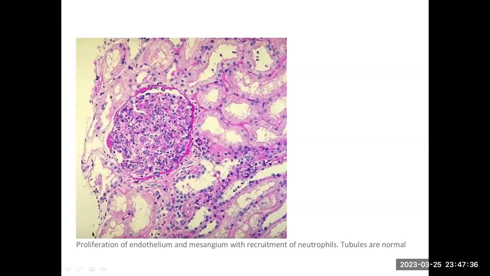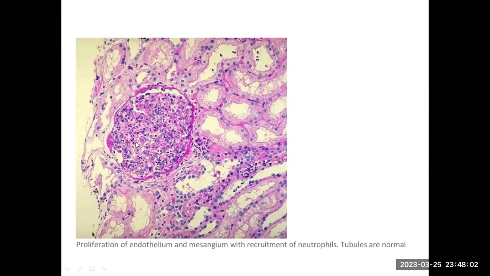As you can see, these eosinophilic dots all over the glomerulus are neutrophils, and along with that, there is also local proliferation of cells. The endothelial cells are proliferating, the mesangial cells are proliferating, and the disease is diffuse. Surrounding the whole area, there is neutrophil infiltration. So this indicates that the disease is diffuse and proliferative.